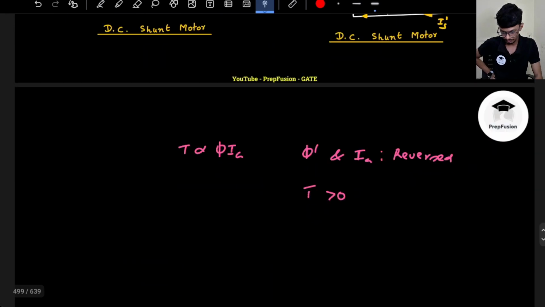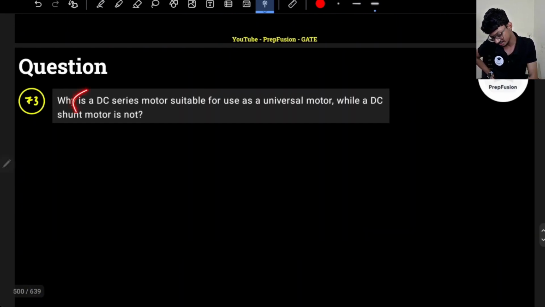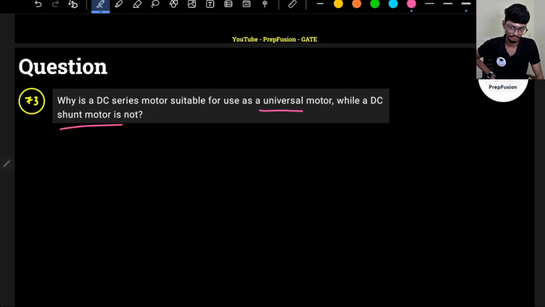Okay. Now one more question: why is a DC series motor suitable to use as a universal motor while a DC shunt motor is not? So what is a universal motor?